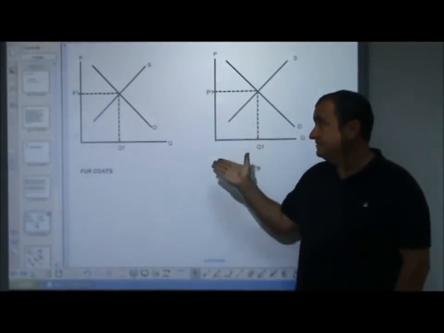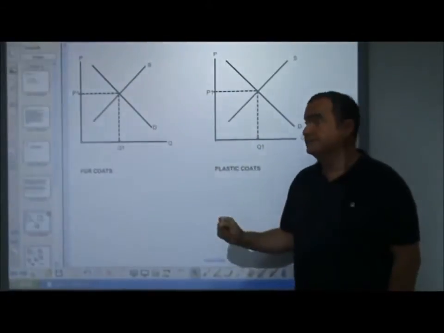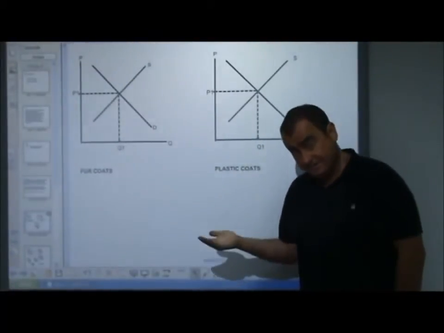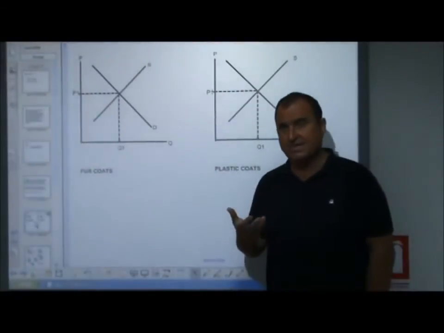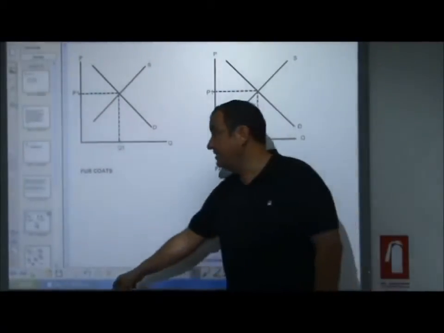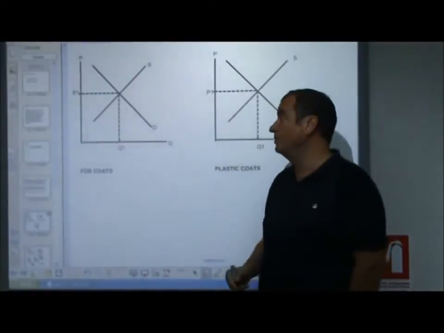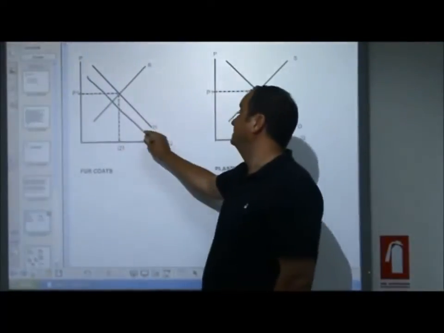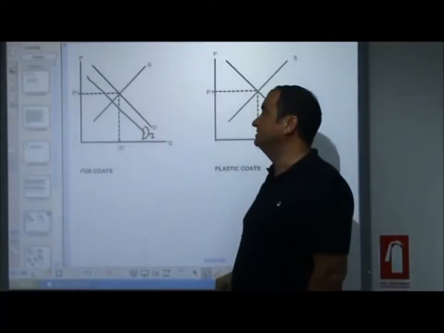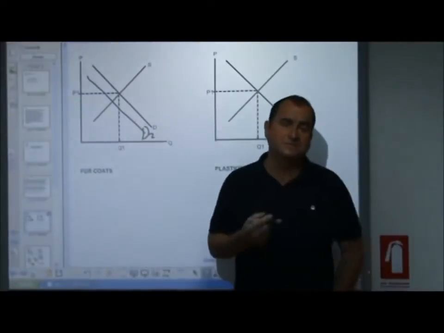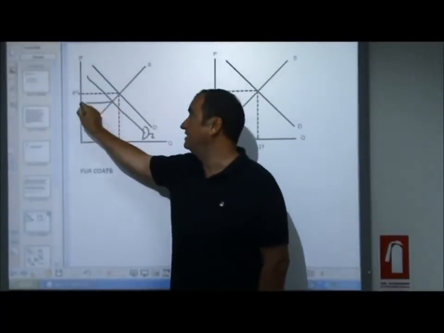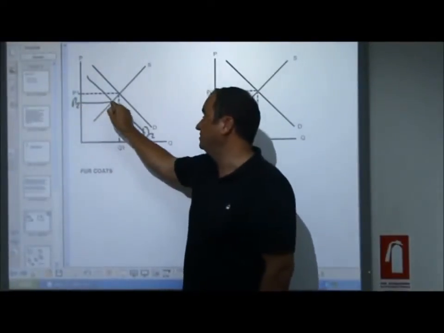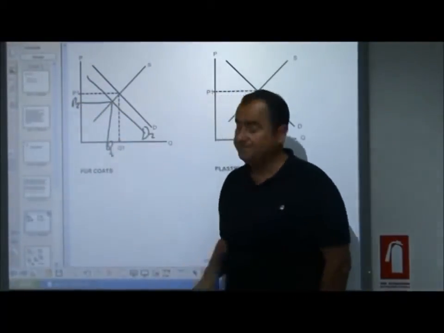And that has an effect on the demand for fur coats. And of course it would reduce the demand for fur coats as people's awareness of the rights of such animals is heightened. And we can show that, of course, by a fall in demand. So demand would shift downwards to D2. The price mechanism takes us to a new equilibrium point here. And we have a new price, P2, and a new quantity, Q2.